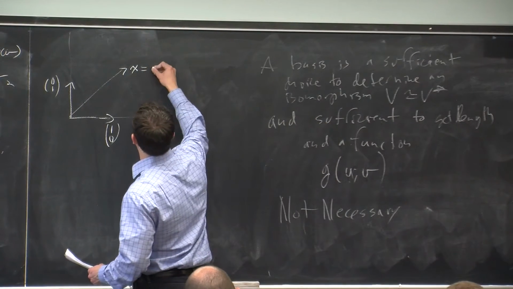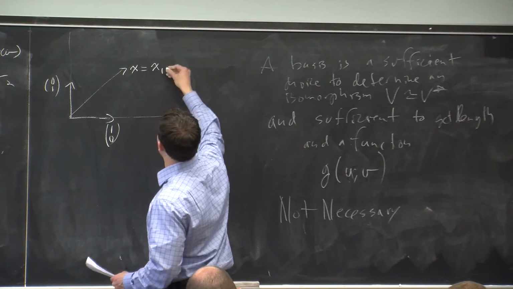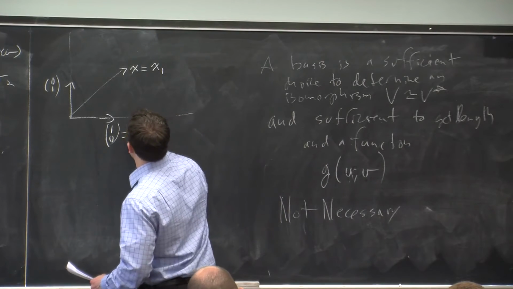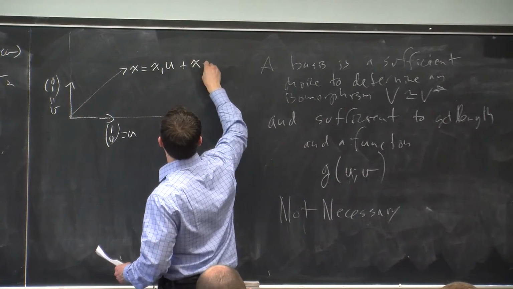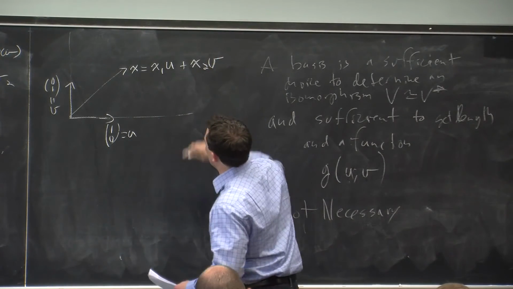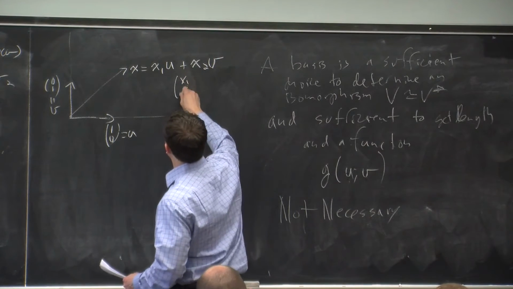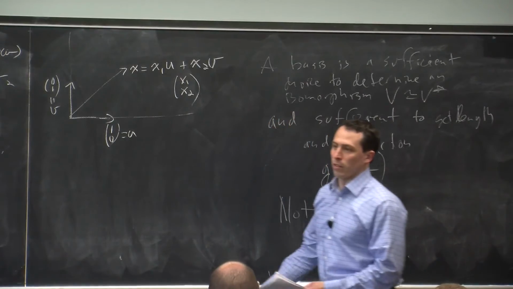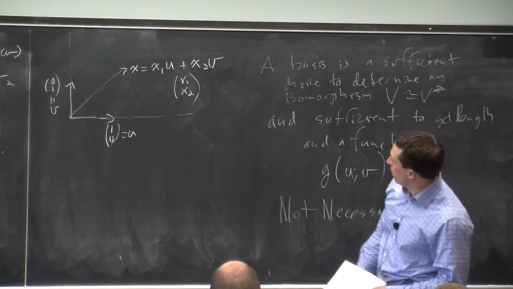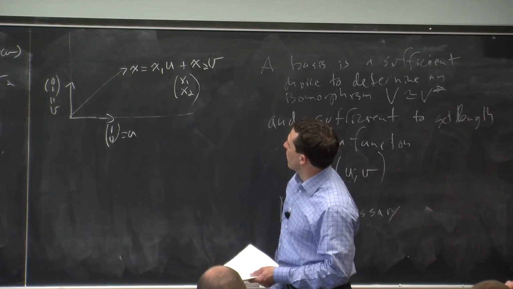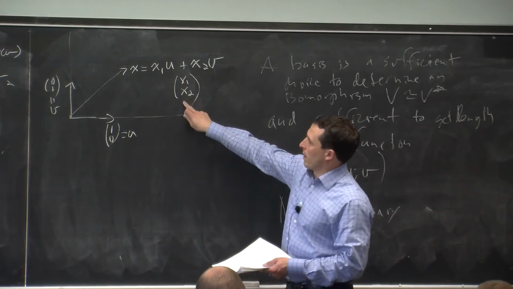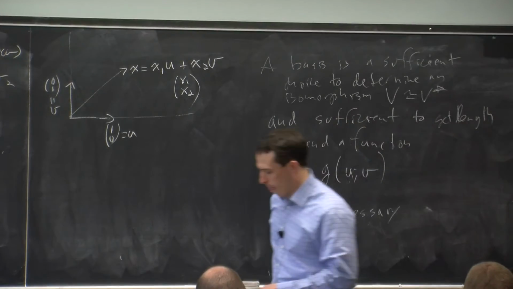So x I can express as some coefficient x1 times u, and let's call this u and this v, these are our basis vectors, plus x2 v. Or more concisely, since this thing is isomorphic to R2, the vector space of pairs of real variables, I can just write x as (x1, x2), right?